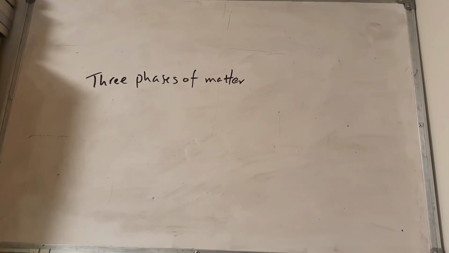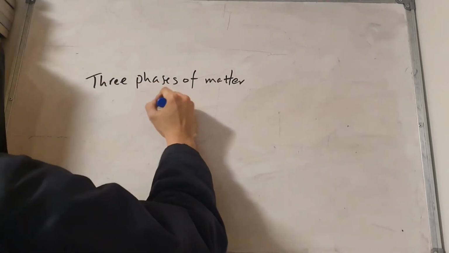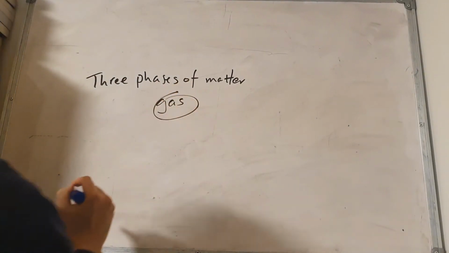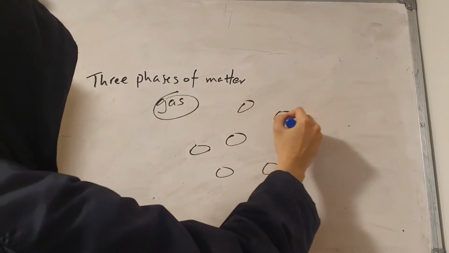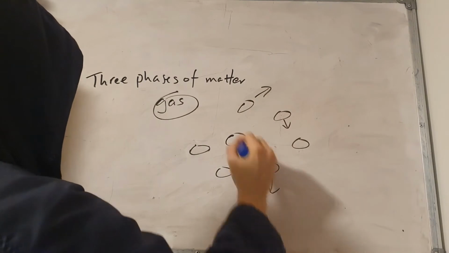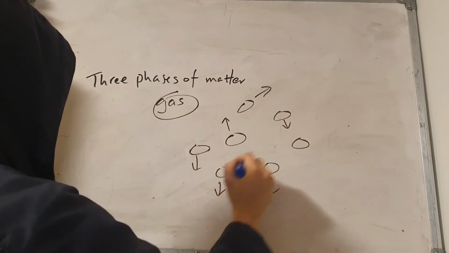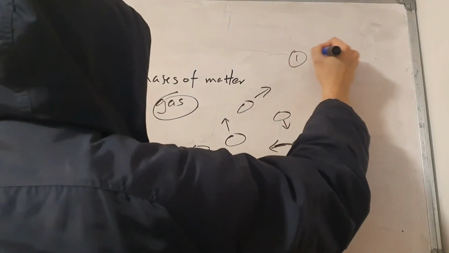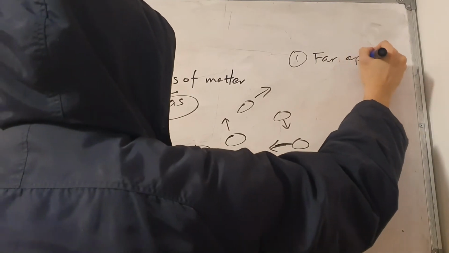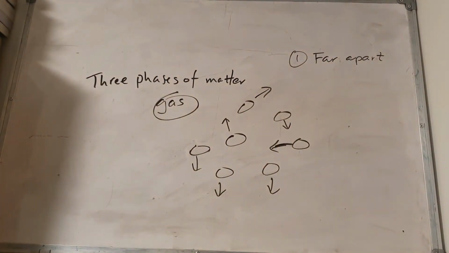And what about a gas? Now, the gas, you've got these particles. The atoms are not touching, so they're far apart. They're free to move, random motion. So number one, they are far apart.